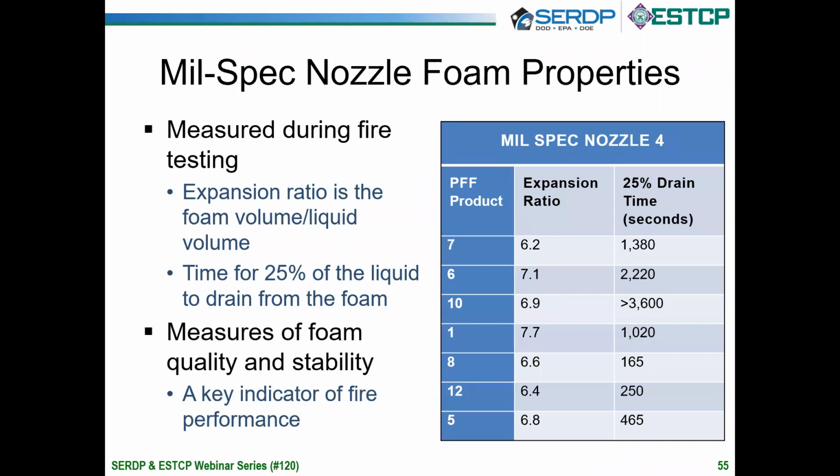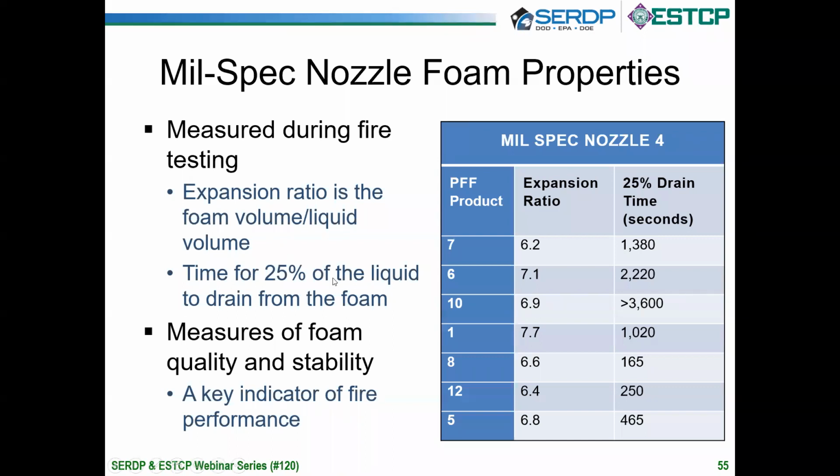One of the things I mentioned earlier was that as you improve the foam quality, and foaming means you're expanding the mix of the diluted liquid product and then introducing air. The mil-spec actually has a requirement, which I didn't put here, of a minimum expansion ratio of 5.